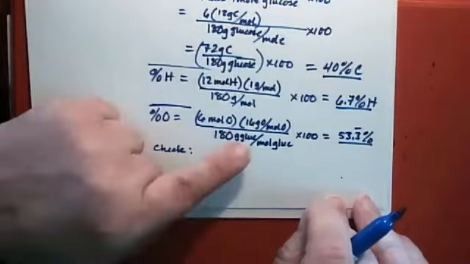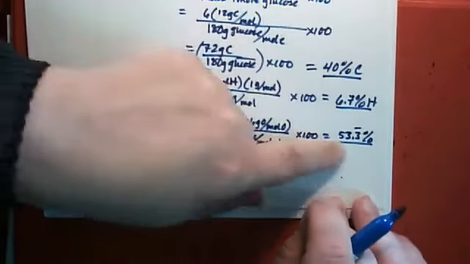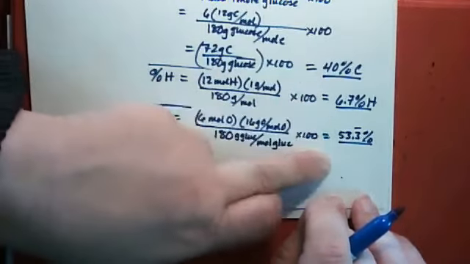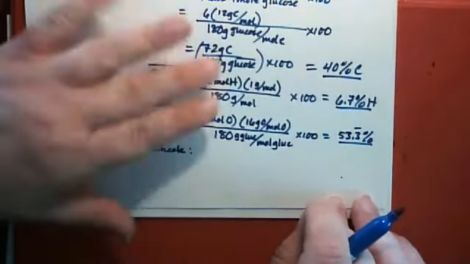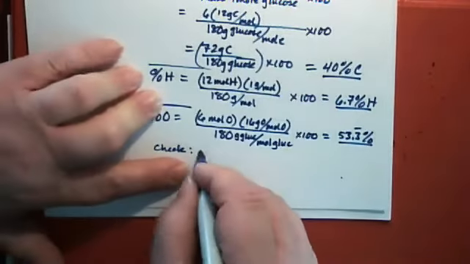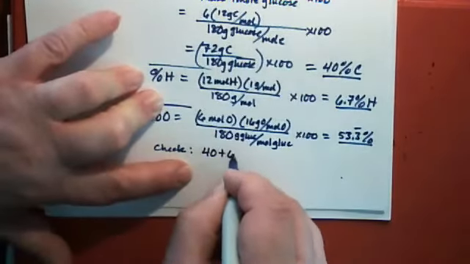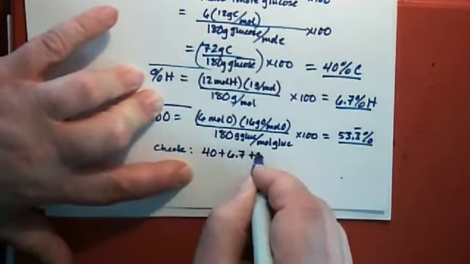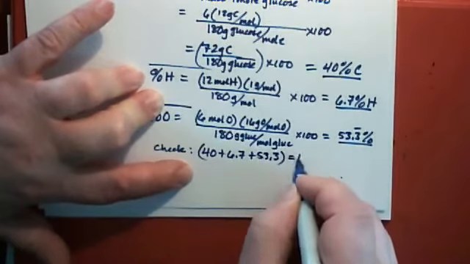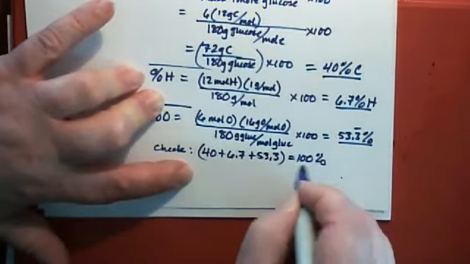And one thing to keep in mind is whenever you find the percentages of everything in a compound, they better add up to 100%. So carbon, hydrogen, and oxygen are the only things present in glucose. So 40 plus 6.7 plus 53.3, it better be 100. And they are.